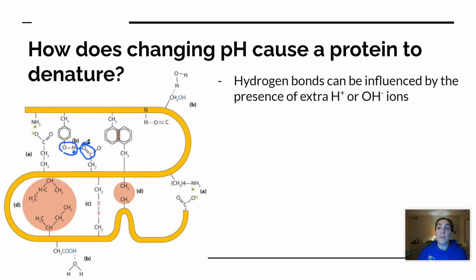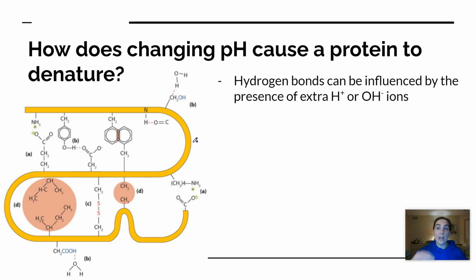But if you add a bunch more hydrogen ions in here, they will be attracted to this negative as well. They'll be repelled by this positively charged end here. And the opposite, of course, would be true of hydroxide ions. So interacting with the ions that are in the environment around them can disrupt the formation of these hydrogen bonds and basically break apart those amino acids and start losing that part of the chemical structure.